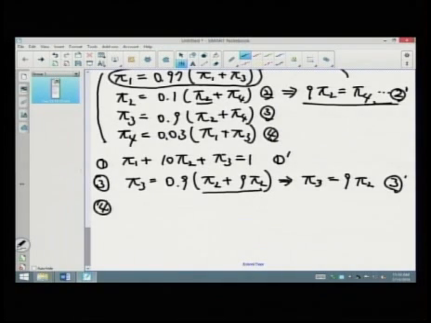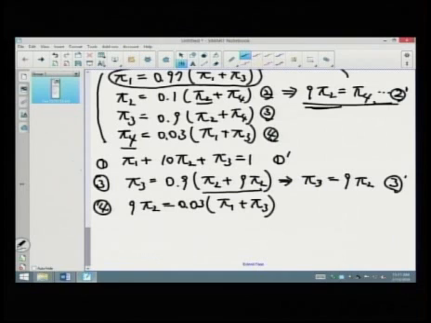Likewise, 4 becomes 9 pi 2 equals 0.03 times pi 1 plus pi 3. Is that right? Because pi 4 here is equal to 9 pi 2. That's why I have 9 pi 2. So I have 4 prime down here.